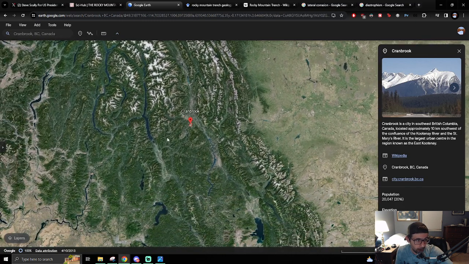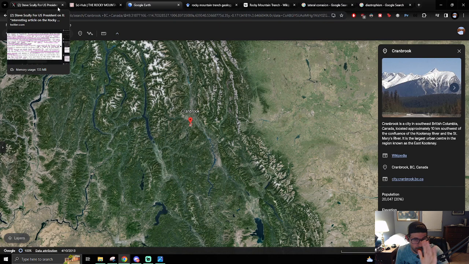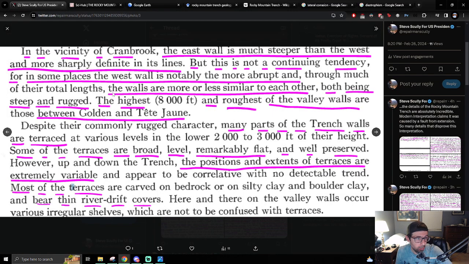Cut across this way in part, went over top and created more of a gentle slope. But this is not a continuing tendency, for in some places the west wall is notably the more abrupt, and the walls are more or less similar to each other, both being steep and rugged.